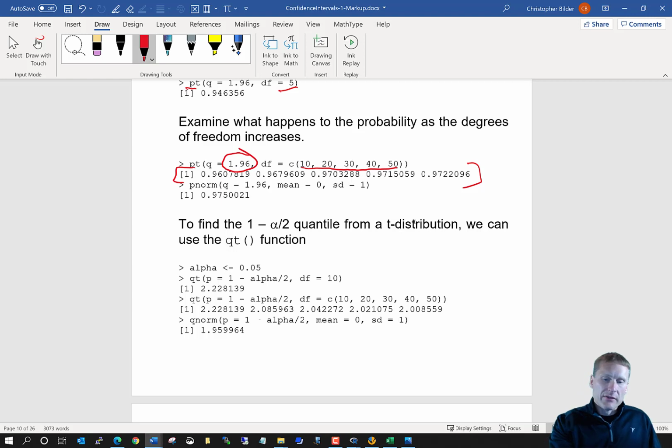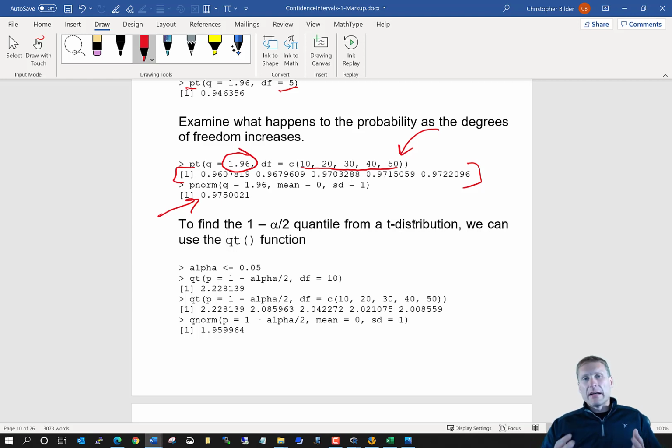And in fact, it's getting really close to what we would get for a standard normal. If I could somehow put in a degrees of freedom of infinity, I would get a standard normal, with that corresponding 0.975.